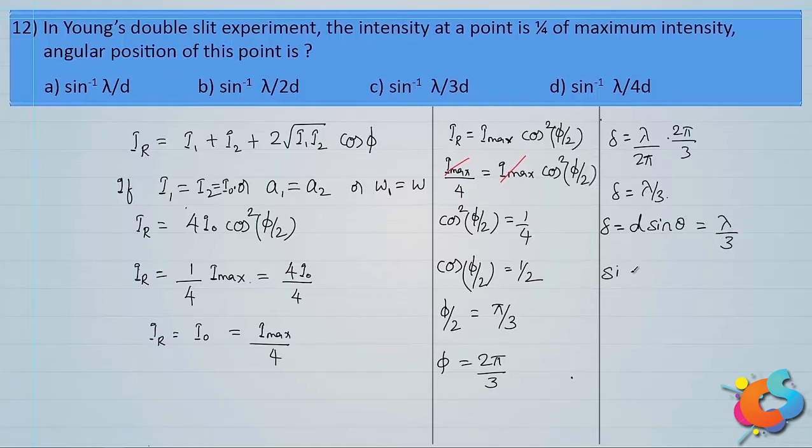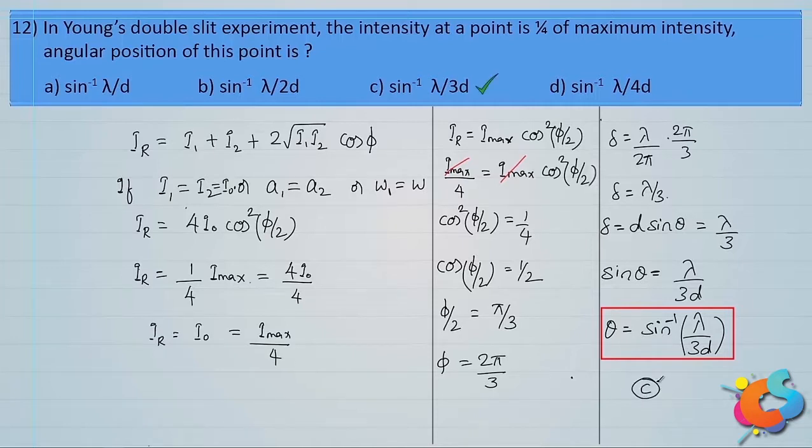Therefore, sine theta is lambda by 3d, or theta is equal to sine inverse of lambda by 3d. So this is nothing but the angular position of the point where intensity is I max by 4. Therefore, angular position is equal to sine inverse of lambda by 3d, which is correctly written in option C. Therefore, option C is the correct answer.